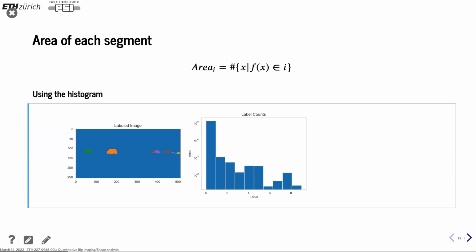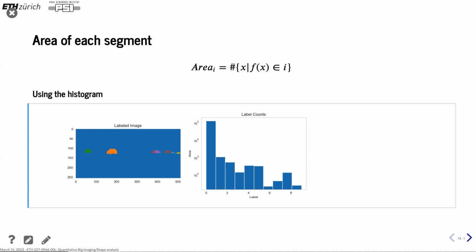You can do that using a for loop if you like. Then you have to go through each one of the labels and go through the image every time and count. A more efficient way is to use the histogram, because the histogram actually does the counting for you.